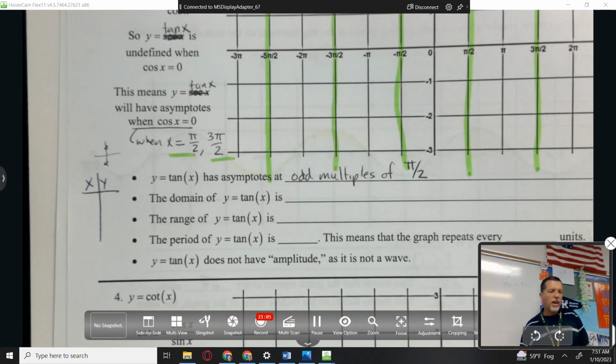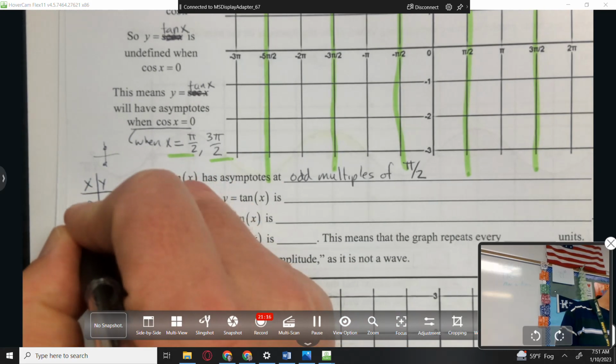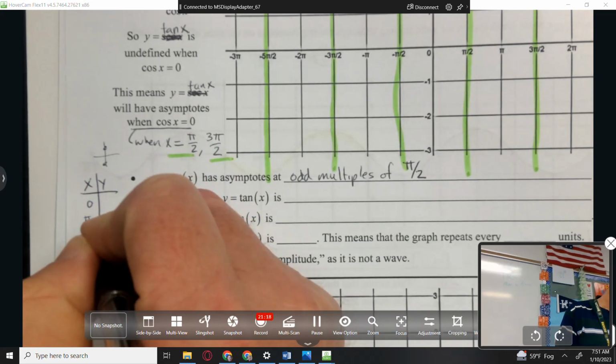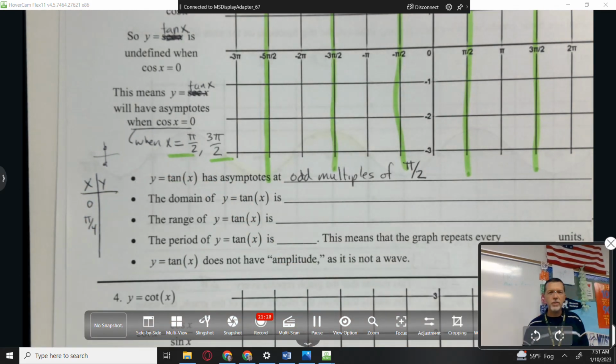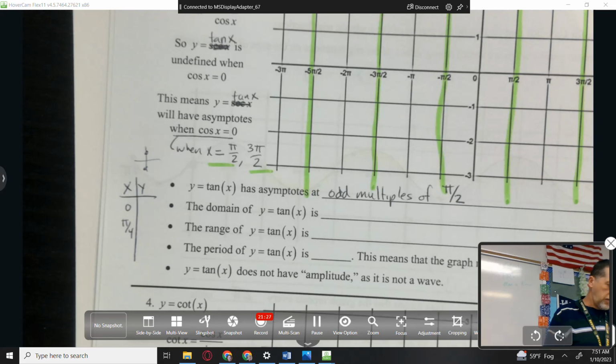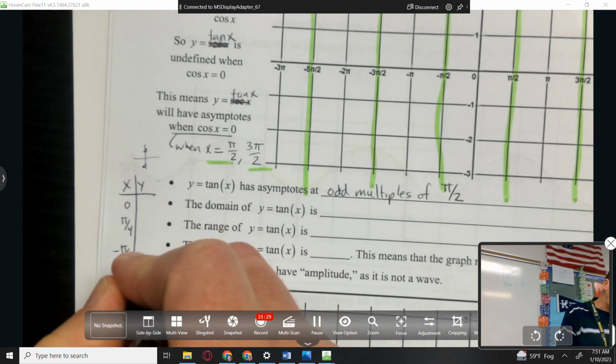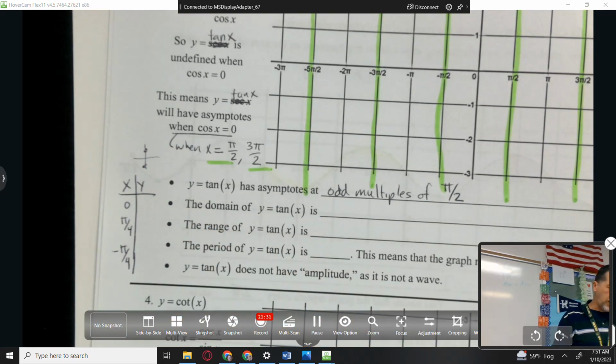Now, let's make a table of values. Although our table is going to look a little different because I can't use pi over 2. I know it's an asymptote there. So let's do 0 and pi over 4, and then we'll see where that gets us, and we may need to do one more. In fact, I'll just tell you, we've got to do one more. 0, pi over 4, and negative pi over 4.